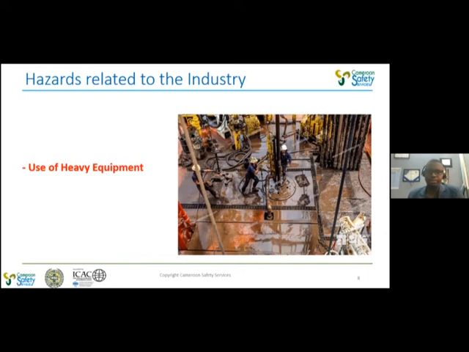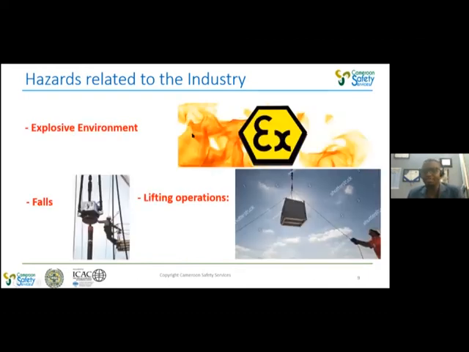We also have the fact that the drilling environment is explosive, because we are drilling hydrocarbon. So there is the possible presence of a flammable gas such as methane, and so there is a need for precautions in terms of which equipment is used, which equipment is installed in which location, and that there are standards being followed when it comes to using equipment in an explosive environment.